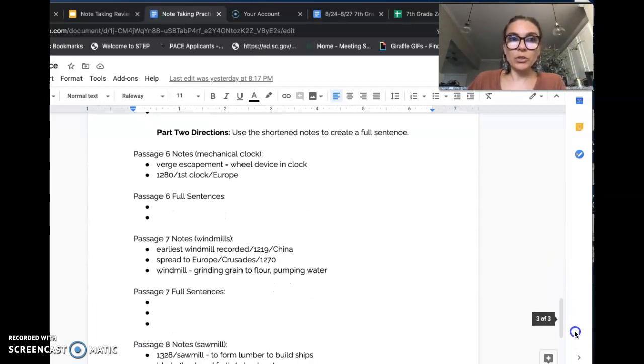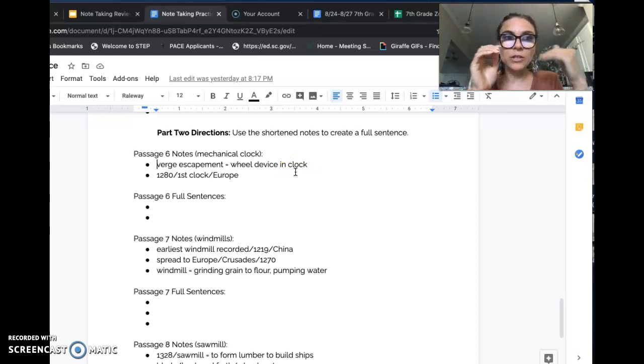Then there's a part 2. Now it says, use the short-handed notes to create a full sentence. So you're working backwards, and we did this last week too. So I'm giving you the notes, and you're saying, okay, based off of these notes, so it says verge escapement equals wheel, device, and clock. Well, what do I think that could mean? I know that equals is the definition, right?